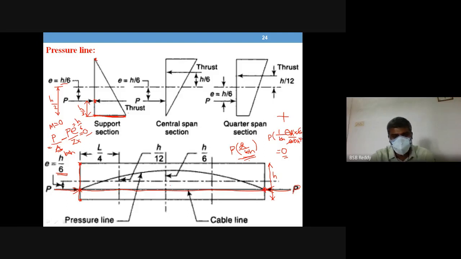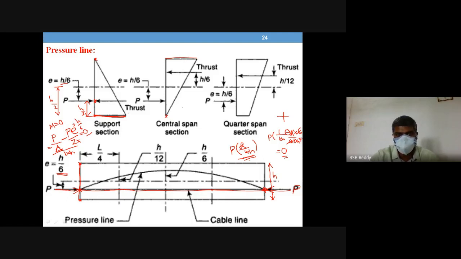Then what about the center section? You take the midpoint, middle section. Okay, take the middle section, and again draw the pressure line. Find the stresses. Okay, you will have this nature of stresses. So top, bottom stress is 0, and top it is same way.